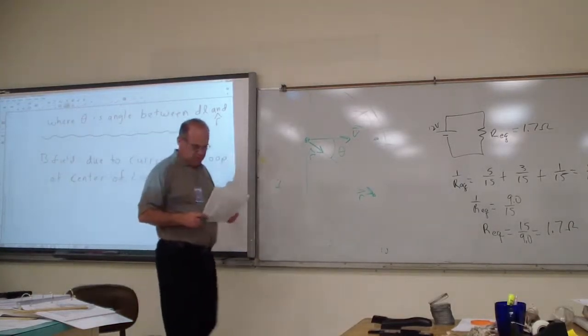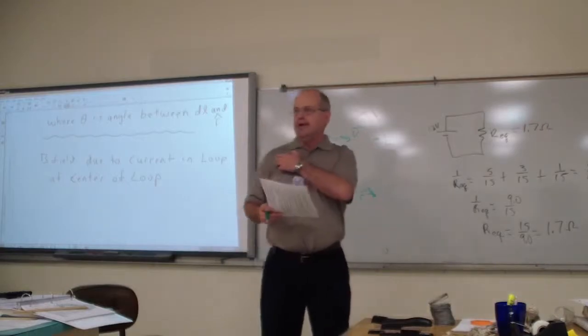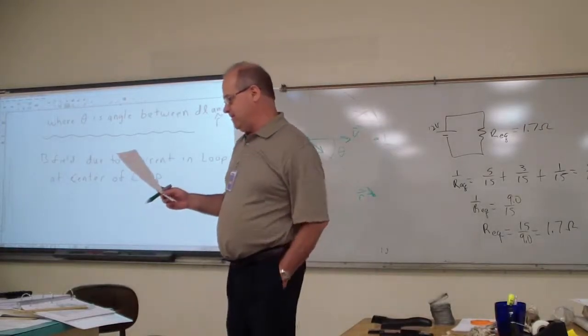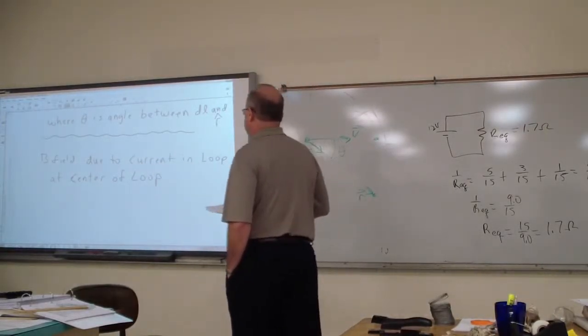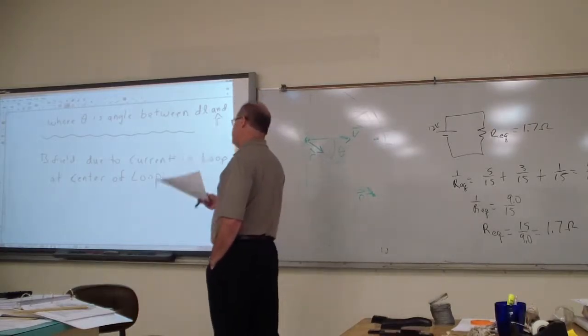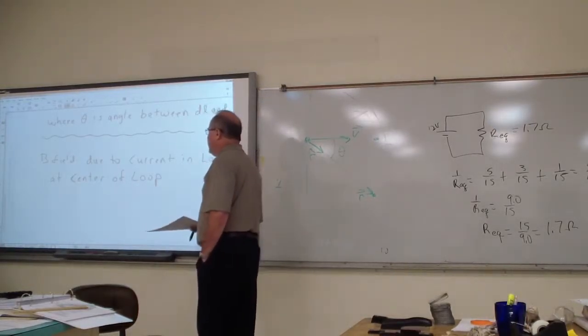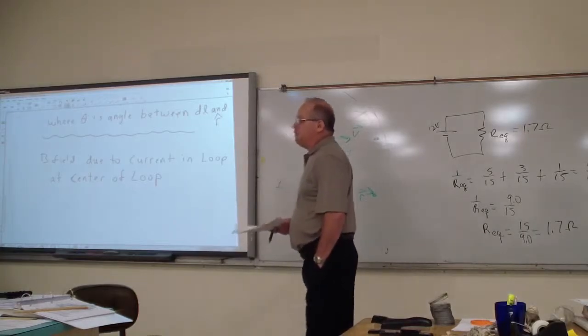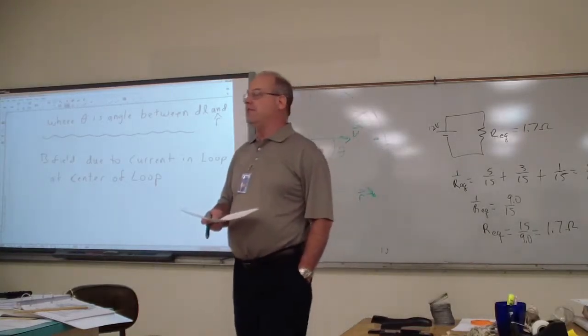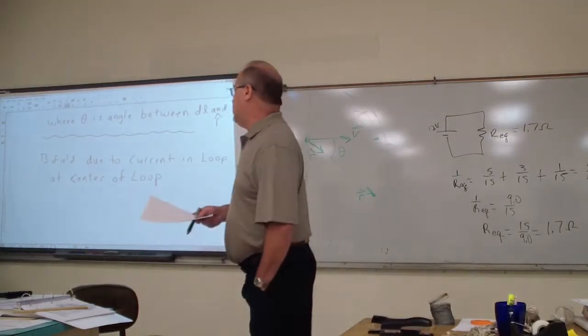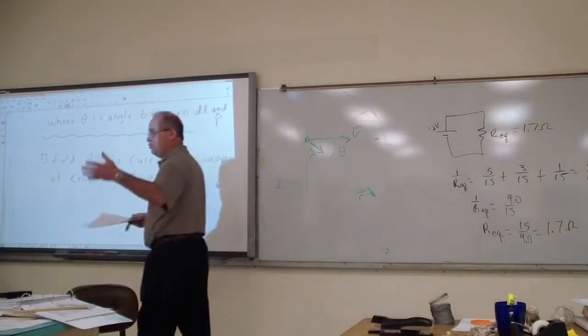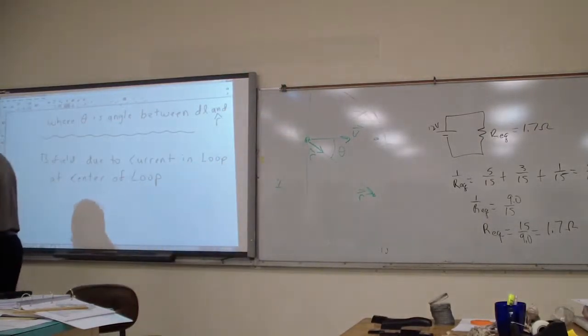The B field. This is what you're talking about, or you can do this? Yeah. I believe so. The B field due to a current in a loop at the center of the loop. That's a Duke's way to state that, by the way. Would it be kind of like a cylinder? Like what? Yeah. If I understand you correctly, yes. Let's draw and then talk about the direction first, okay? Then we'll do the math.